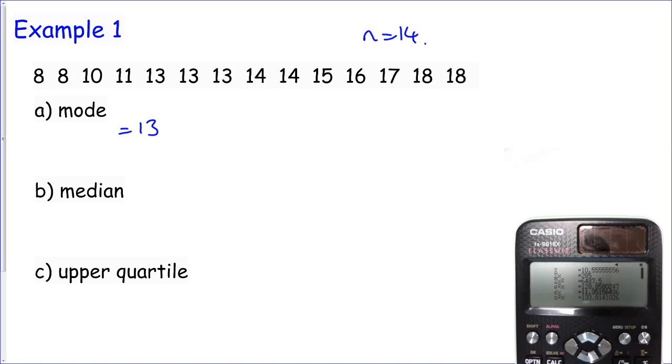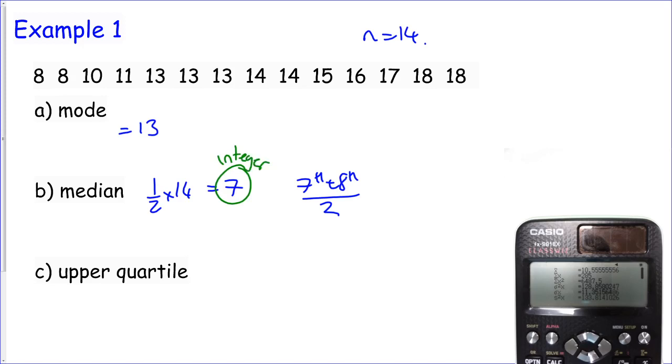We're going to use the method we did before. So a half of 14 gives us 7. So we're going to go through and find the 7th and the 8th thing and divide it by 2, because this 7 came out to be an integer.